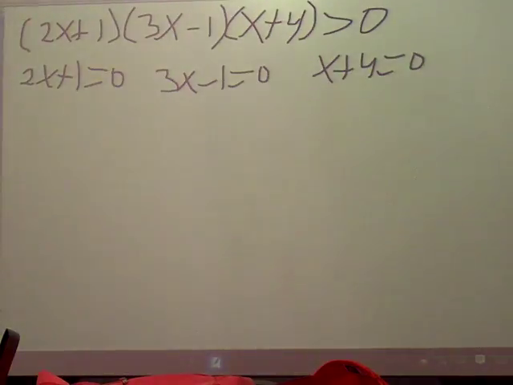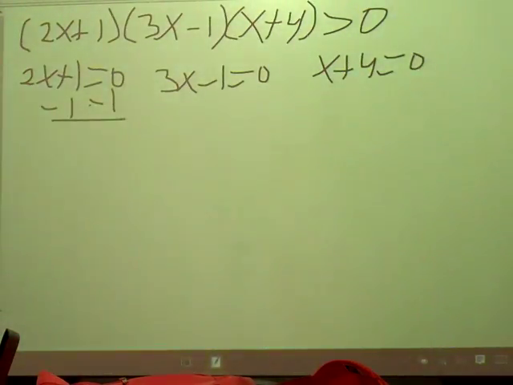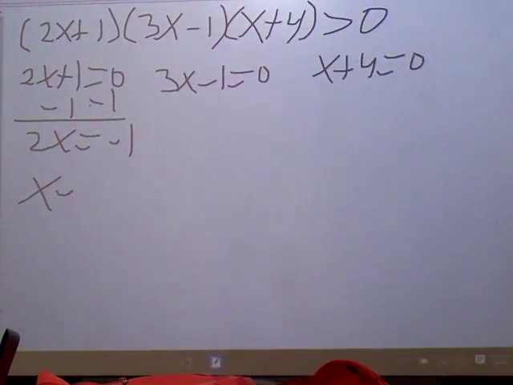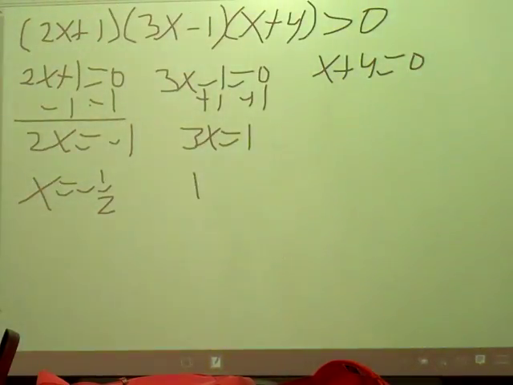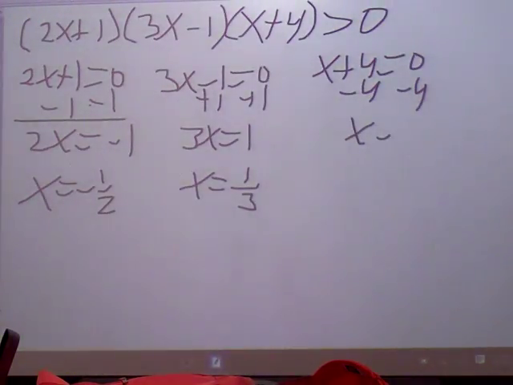The last one's even just a one-step. Subtract 1 first there. 2x is negative 1, so x is a negative half. Add 1 here. 3x is 1, so x is a third. Subtract 4 here, and that's it on that one. x is negative 4.